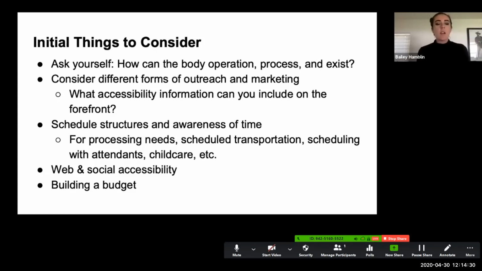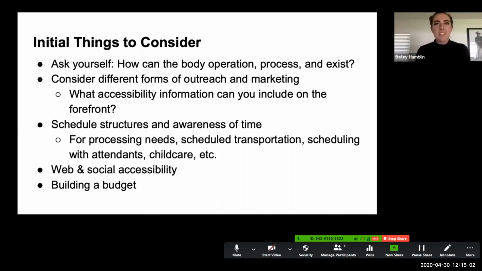If somebody has to schedule with a personal care attendant or childcare, or folks with different processing needs who might need a little more time in between sessions or activities, or if you're doing some sort of group think in a meeting, folks who need a little more time to brainstorm. This is something you can do at the forefront of your planning: be a little more aware of your time structure and allow for some movement, flexibility, and grace.